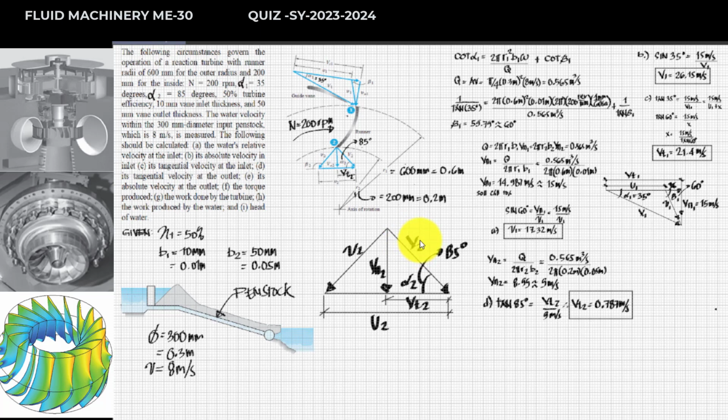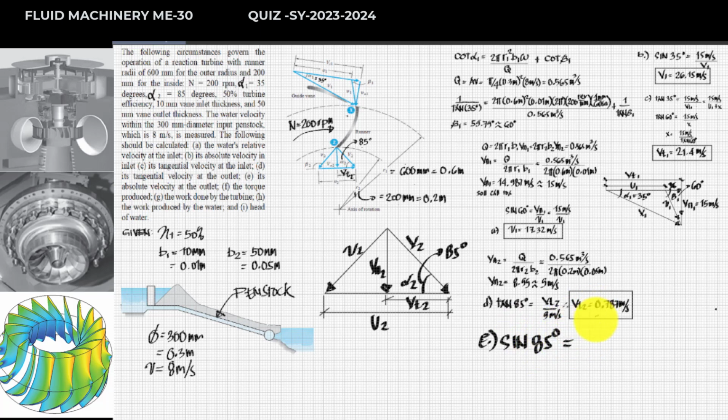Now, for the next, we have the absolute velocity for letter E. This side serves as the hypotenuse of my right triangle at the exit. So I have the values. Anyway, kahit saan dito ang pwedeng gamitin, pwede naman, but I will be using the normal velocity dito. So that will be opposite, and we have here hypotenuse. So for my letter E, it will be sine of 85 degrees.